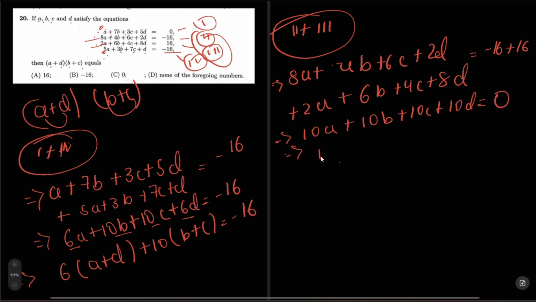Now 10 will be taken out as common, then it will be a plus b plus c plus d equals 0.